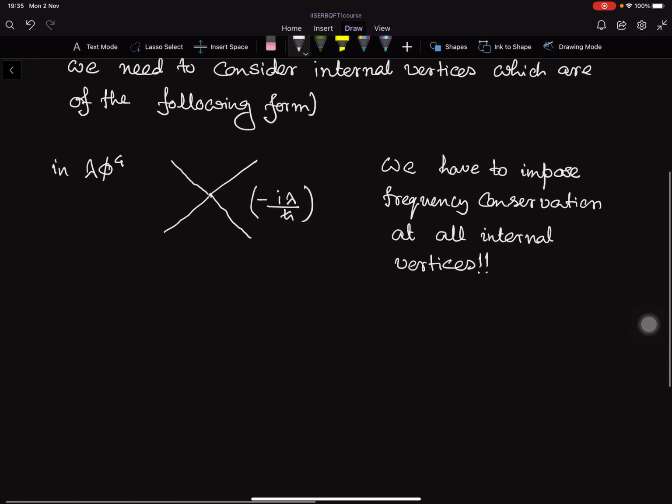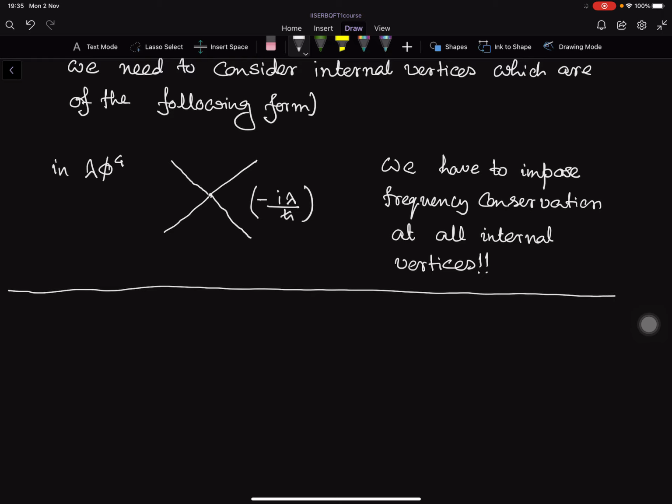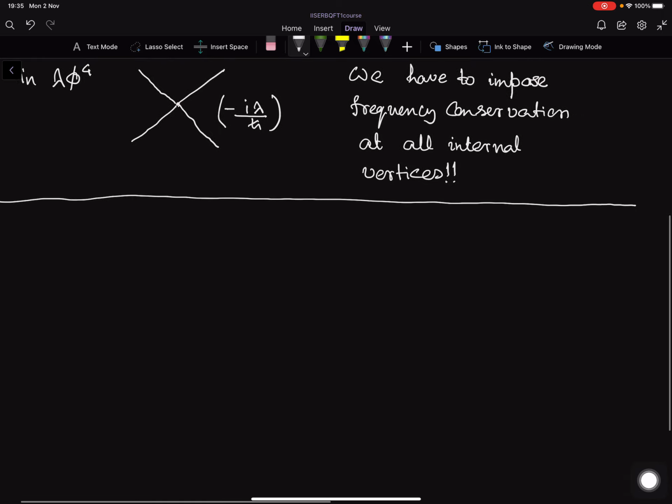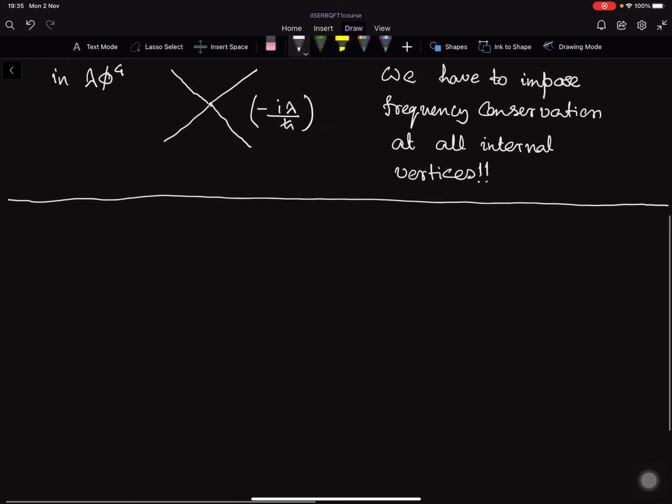Okay. So let's now try to use these rules to compute various things. So let's now start with computation of 2-point function in frequency space.